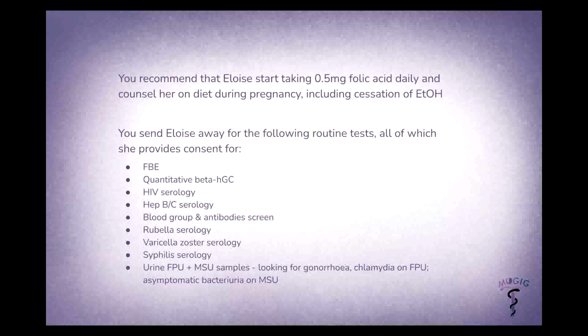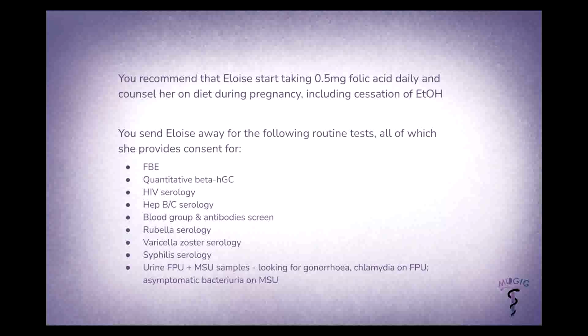You send Eloise away for the following routine tests, all of which she provides consent for. You send off your FBE, your quantitative beta-HCG, HIV serology, hepatitis B and C serology. You screen her for her blood group and any antibodies. You look at her rubella serology, her varicella zoster serology, and her syphilis serology.